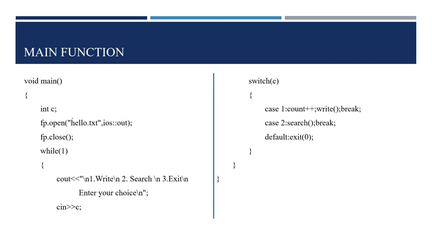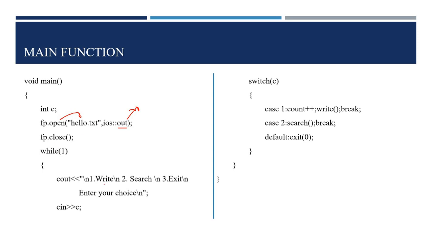Initially, the file pointer will be pointing to the file hello.txt in an open mode, the output mode, meaning whatever the data is, that will be given as output.